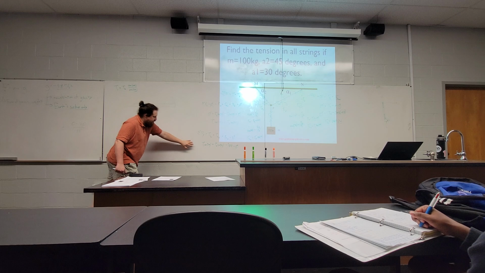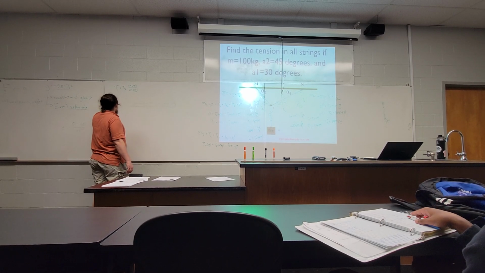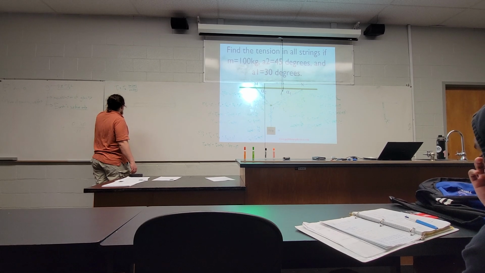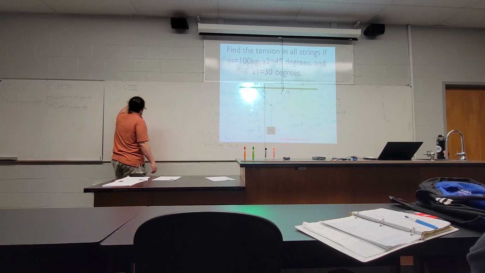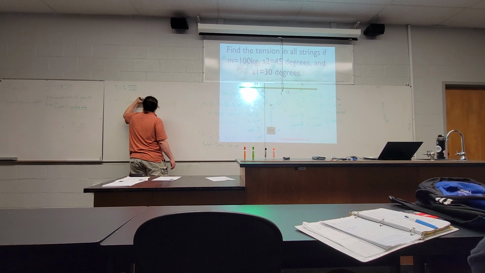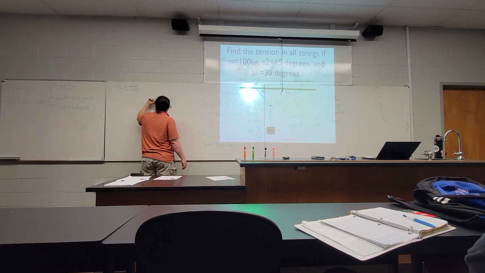So same equation, but instead of T1, I'll write it with the T1 in there to start with. T1 sine of 30 plus T2 sine of 45. I'll go ahead and move the 980 over.